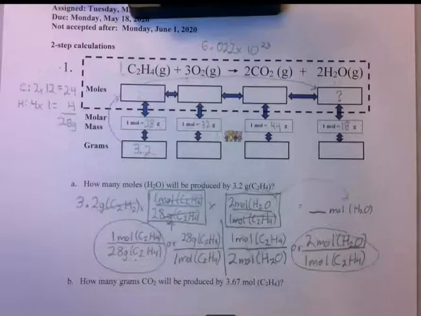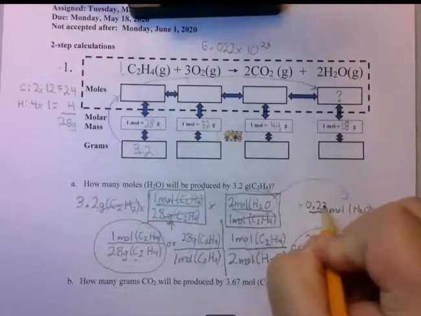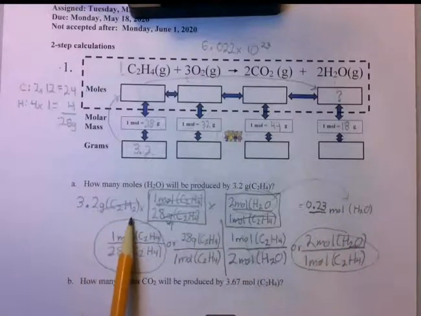You can just punch in those buttons on the calculator, and that gives 0.23. So the answer is 0.23 moles of water that you will obtain from 3.2 grams of C2H4.